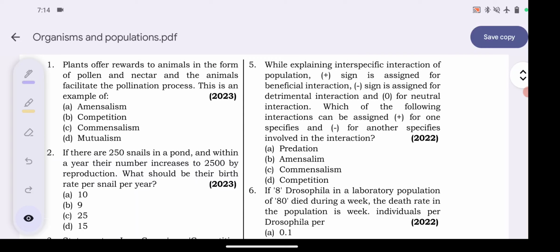Positive for one species, negative for the other species. Predation, amensalism, commensalism, competition. So here the answer will be option A, predation. In predation, one species is benefited whereas the other is harmed. So it is a positive-negative type of population interaction.